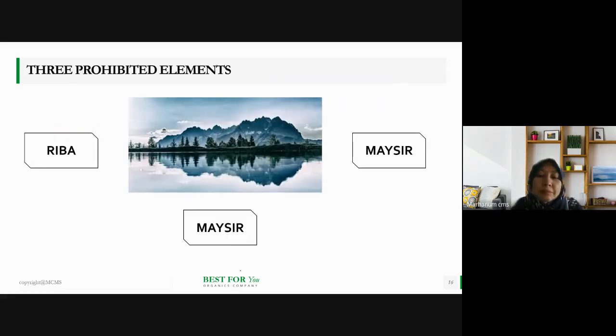Okay, three prohibited elements. Why is conventional insurance considered not Islamic?